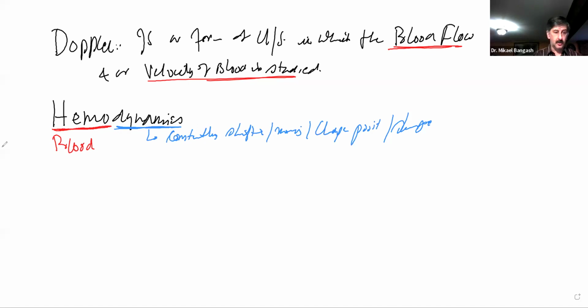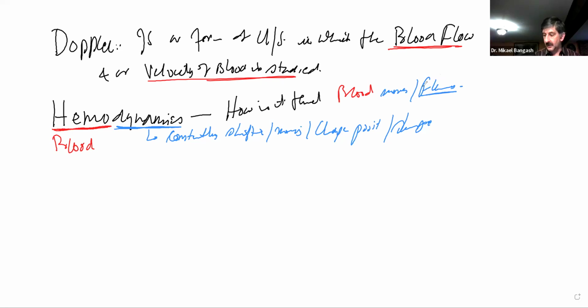So this whole chapter is mainly about how blood moves or flows. The actual word is going to be flow, and we'll get to why we use the word flow in just a little bit.